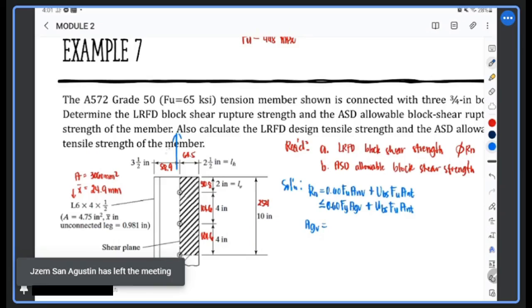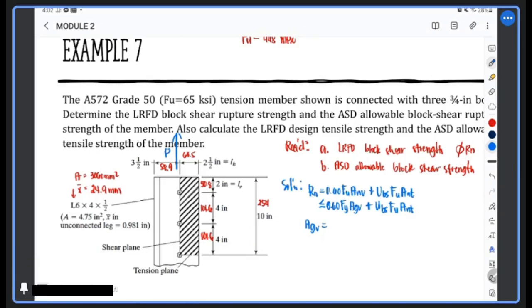Ganyan. Okay. Kasi ito yung possible rupture, mahihiwalay yung shaded part na yan. Okay. So, the gross area for shear will be this area, this part. Itong part na to.